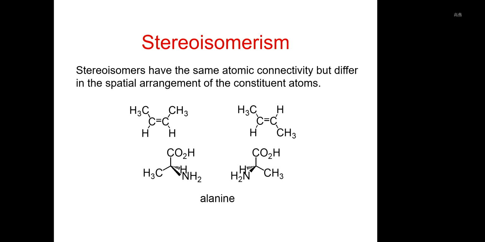For example, this is 2-butene, right? This has a double bond at the second carbon with how many carbon atoms in the skeleton? It has 4, so it's 2-butene, right?